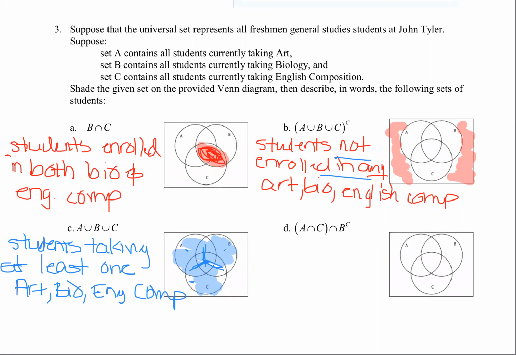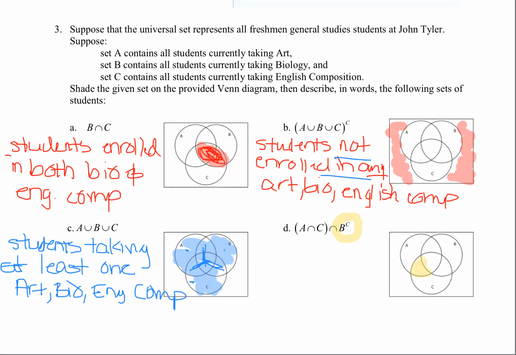All right, and then our last one, let's see if we can figure out what this is doing. A intersects C is going to be right here. But then we're intersecting with not B. We're getting rid of that part. So what's left is just this piece here.